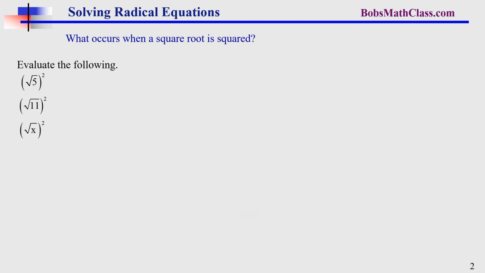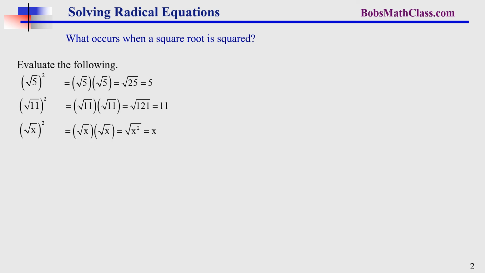Okay, so let's talk about when a square root is squared. Square root of 5 squared, or square root of 11 squared, or square root of x squared. Each of them means you multiply it by itself, and the result is the radicand, the number inside the square root symbol. So square root 5 times square root 5 is square root of 25, which is 5. Here's a few more.